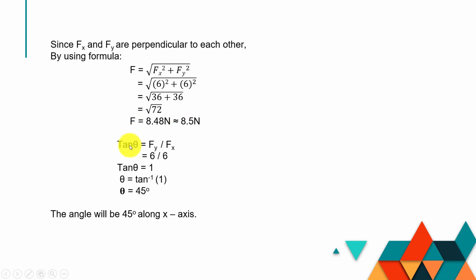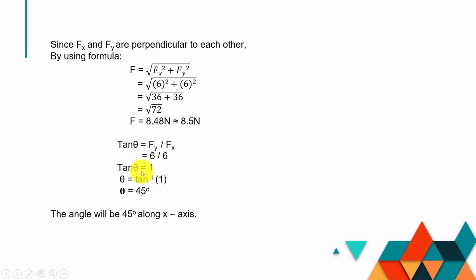So we have calculated the magnitude of the force. Now we will calculate the direction of the force. For direction, we have the formula tan theta equal to Fy divided by Fx. By putting the values of these two components, we have 6, the value of Fy, divided by 6, the value of Fx, and we get 1.